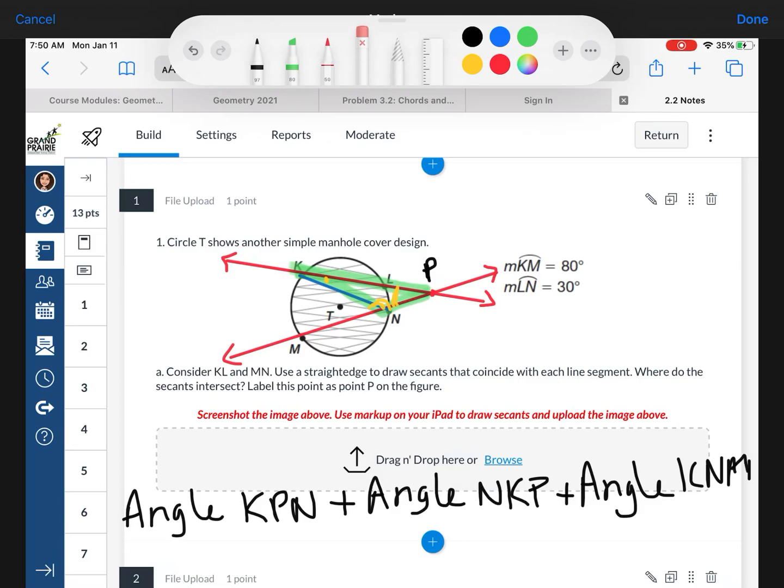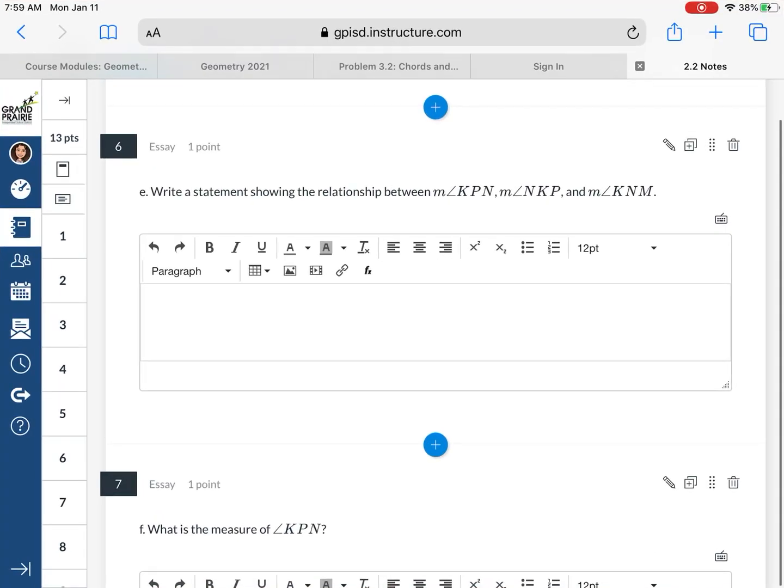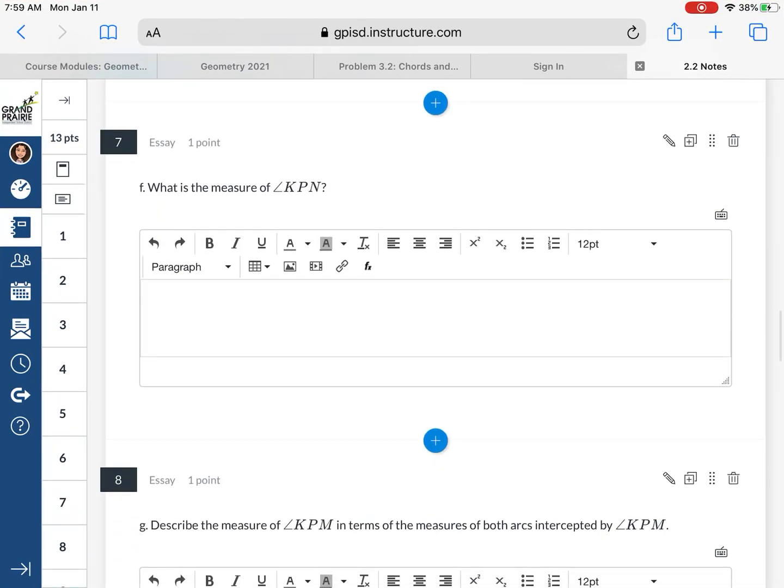Oopsie, it's supposed to be an M, as in man, equals 180 degrees. Okay? You can tuck that in. They all add up to 180. Moving on to number 7.